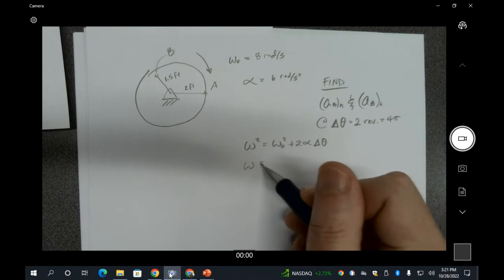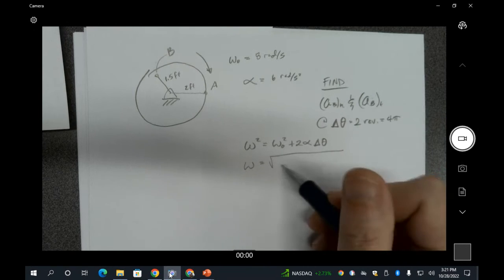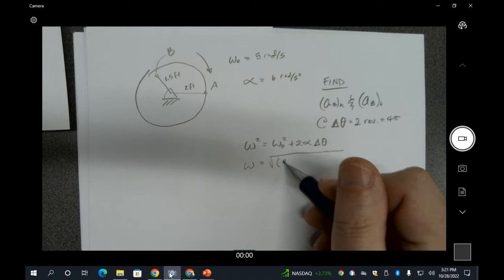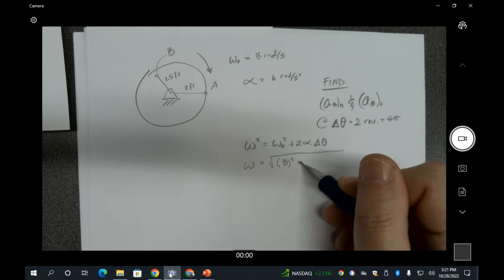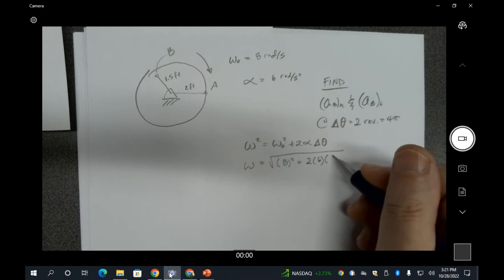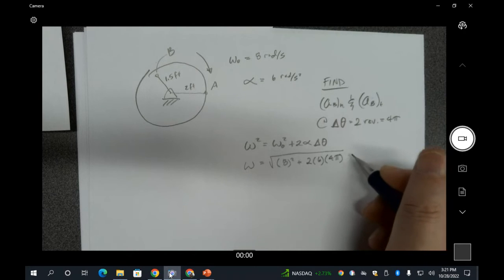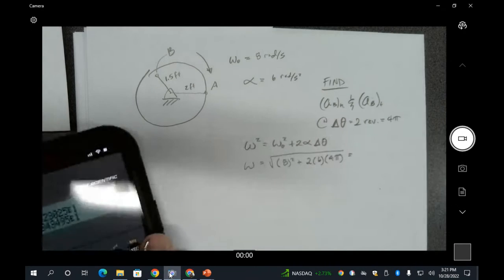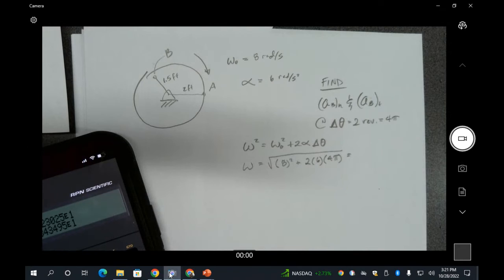So we can find omega is equal to the square root of 8 squared plus 2 times 6 times 4 pi. So we could even do that in our heads, 64.